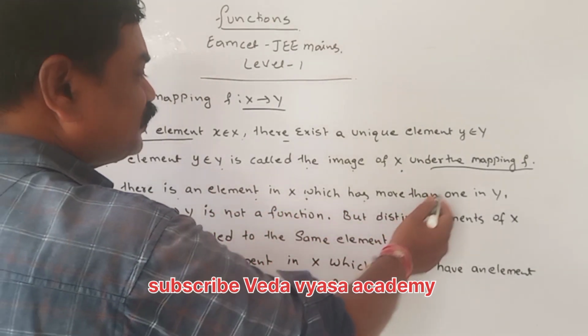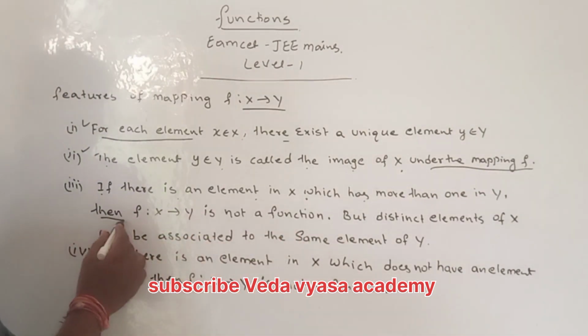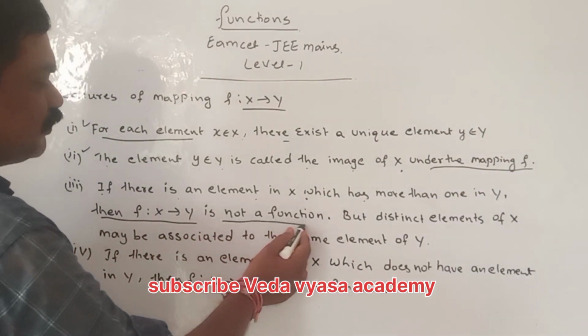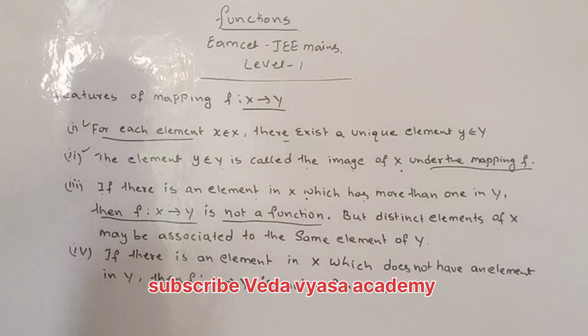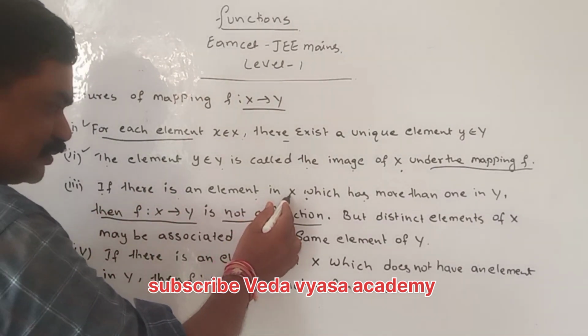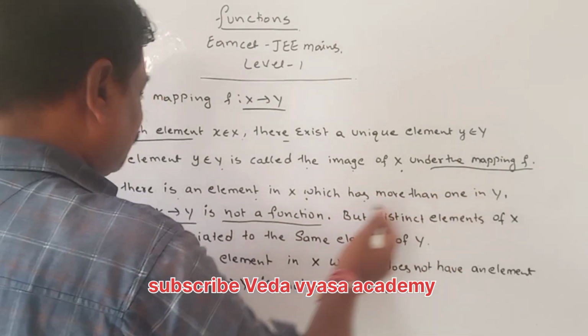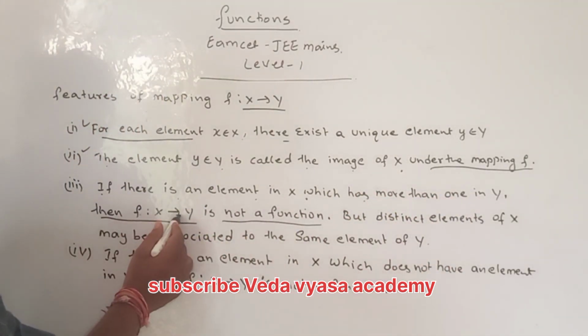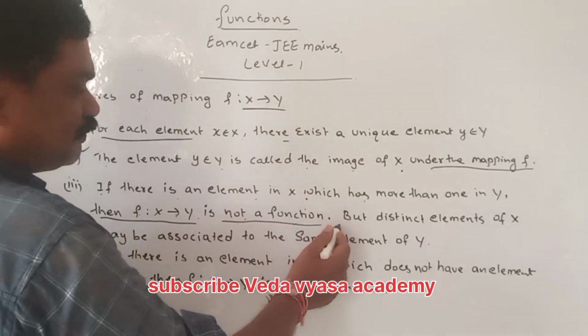If there is an element x which has more than one image in Y, then f: X to Y is not a function.